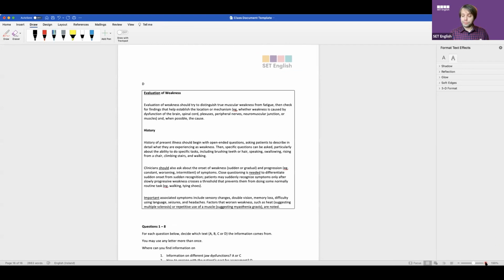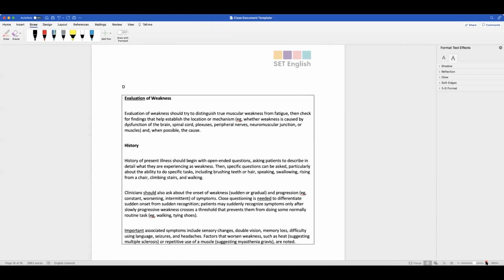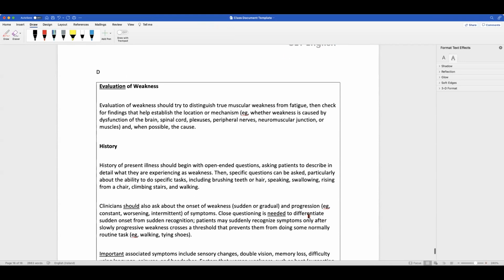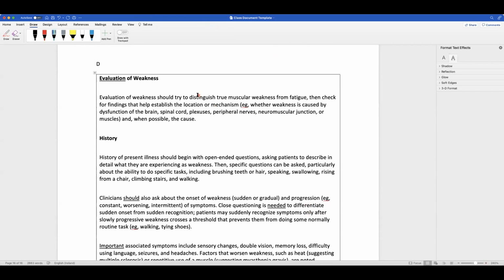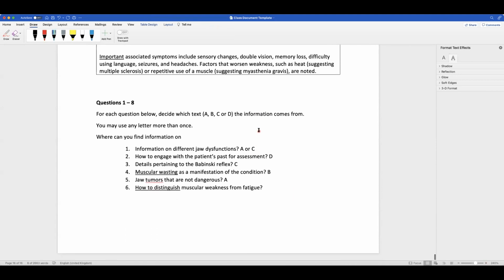Can anyone see this? Yes, we can see. What does it say? It's on the first line. Evaluation of muscular weakness from fatigue. There you go. Okay, all right, so I'm going to finish up there.